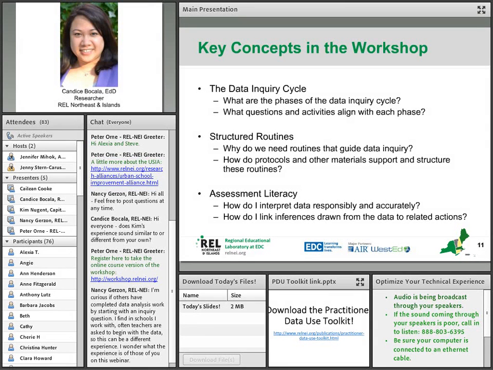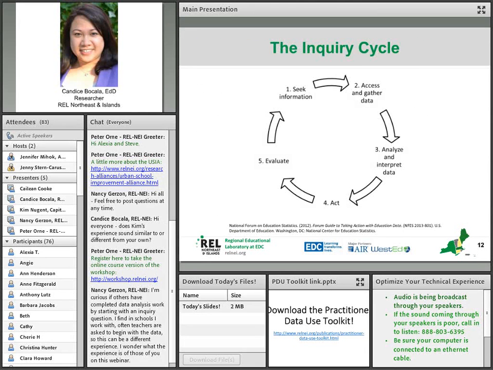So not just having data literacy, not just having test literacy, not just looking at one test and knowing what that test says, but being able to say this assessment can help me understand this level of skill for these kinds of students and what I'm going to do next as a result.